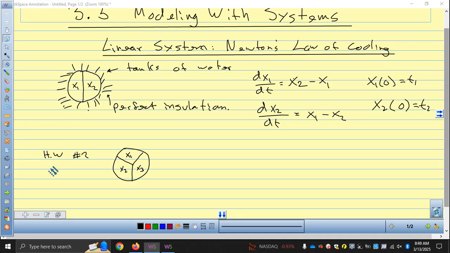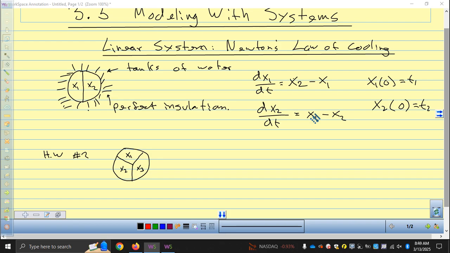A similar scenario is radioactive decay series. Usually, a radioactive material will decay into another radioactive material, and that material will decay. And so you get a kind of chain of radioactive decay.